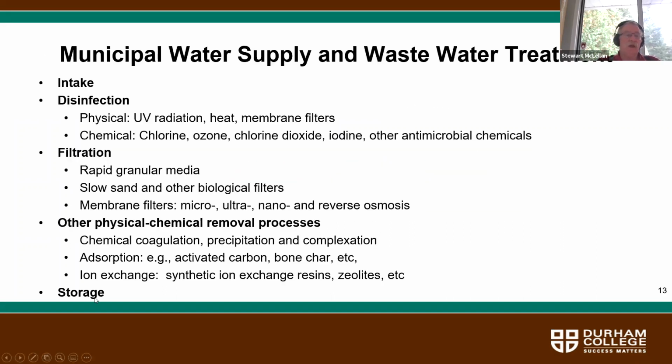Okay, and then storage. After the water has been through the treatment system, it goes into some type of storage system where the water is accumulated for use by downstream users. Especially where we are in southern Durham region, our reservoirs are typically in-ground reservoirs.